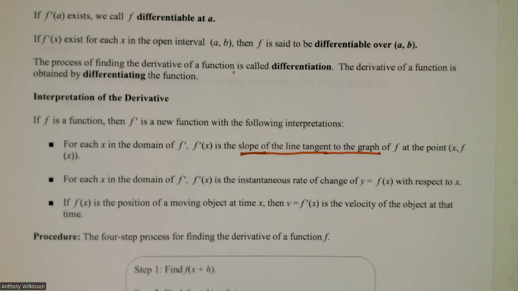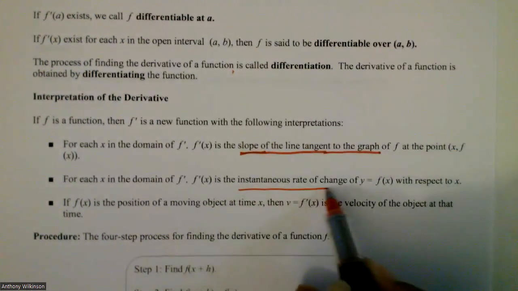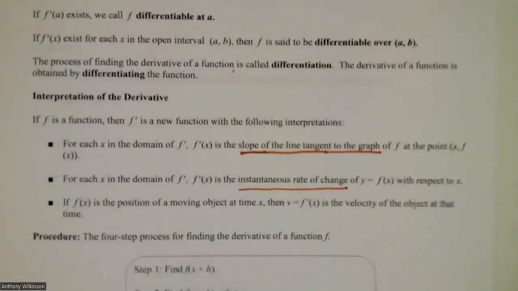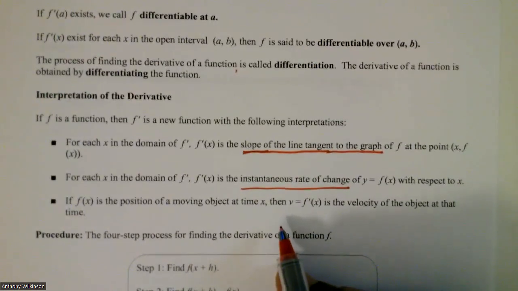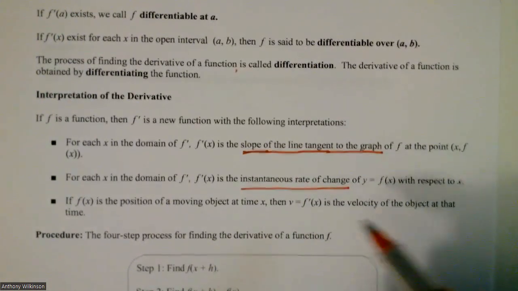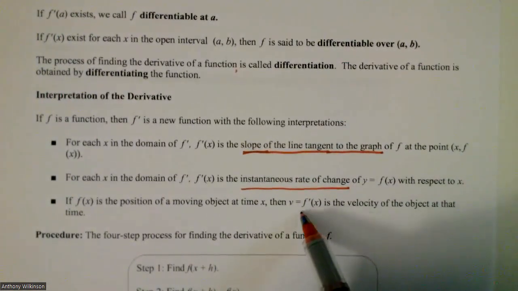And then second, for each x in the domain f prime of x is the instantaneous rate of change of y equal f of x with respect to x. And then if f of x is the position of a moving object at time x, then v, which is going to be the velocity, equals f prime of x.